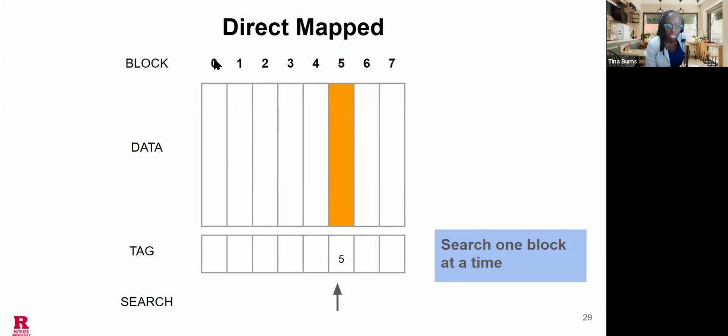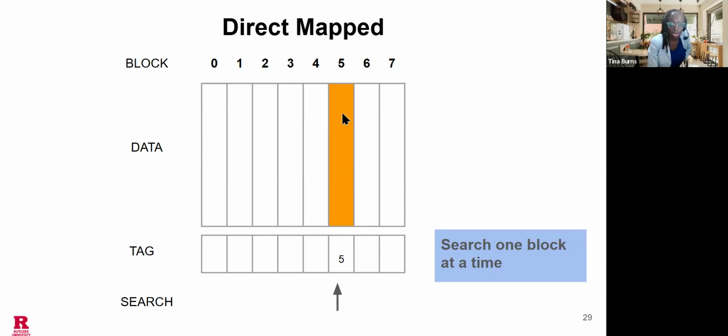And what happens is these 7 spots are always going to be mapped to these 7 addresses in my memory, meaning that my memory is always going to be mapped to these 7 spots in my cache. It's not going to change. I can't put my 5 over here.